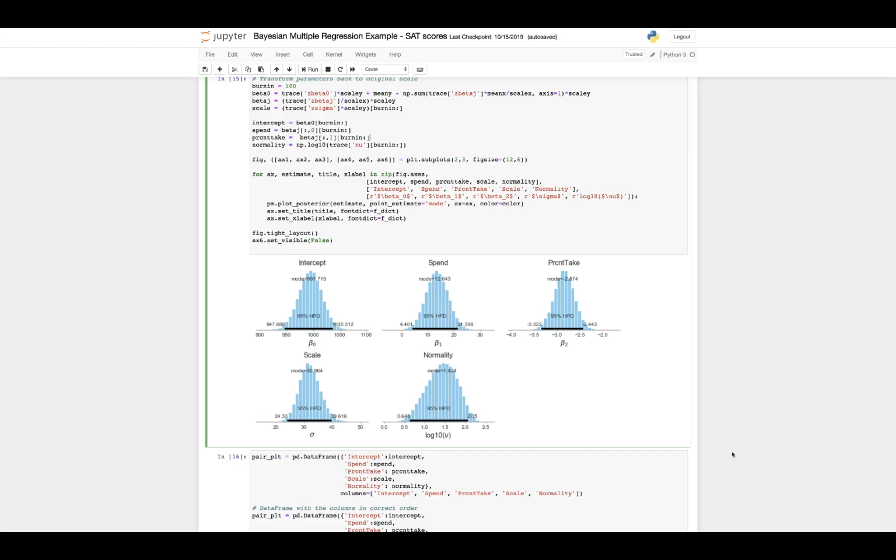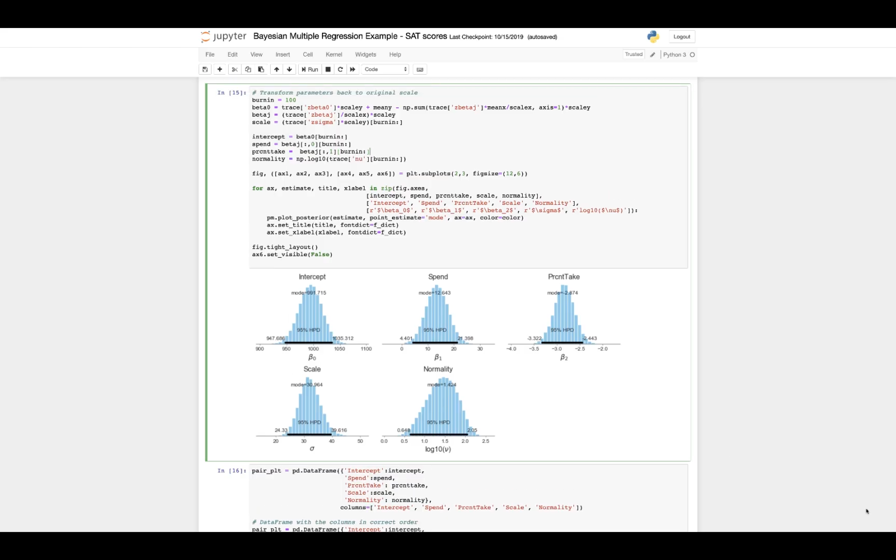The 95% HPD is the 95% high posterior density. This is effectively a confidence interval in a Bayesian sense. And for the intercept, it goes between about 948 and 1,035.